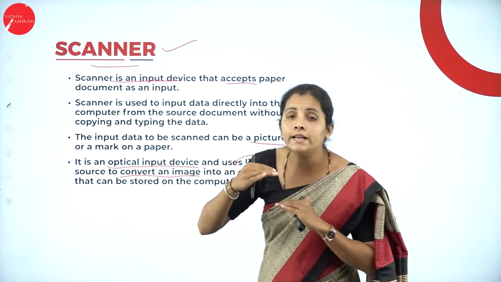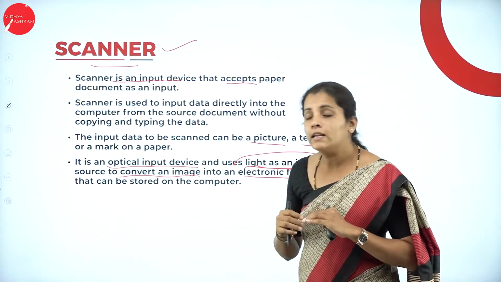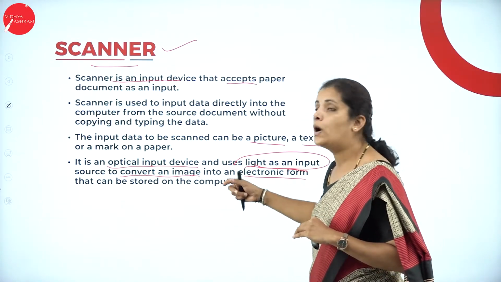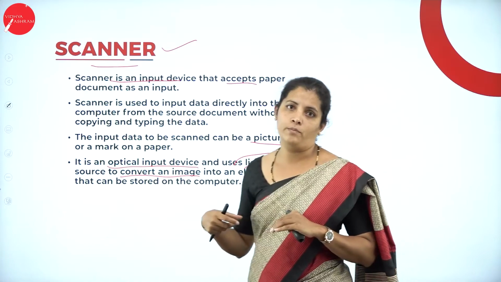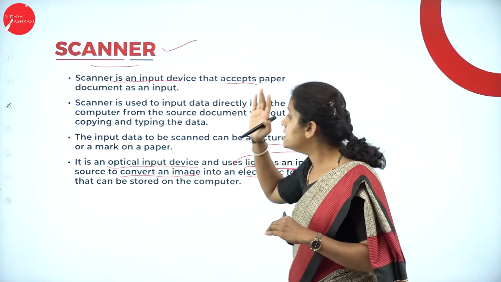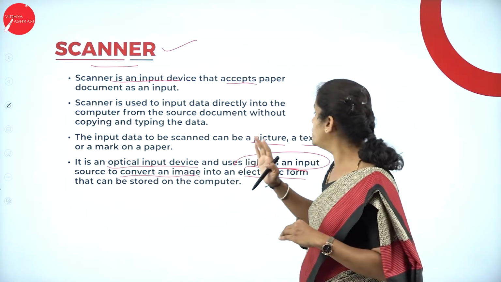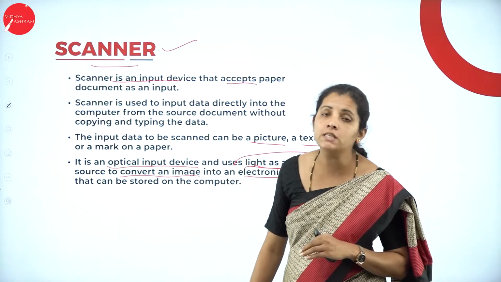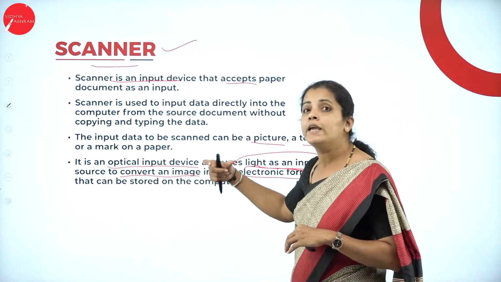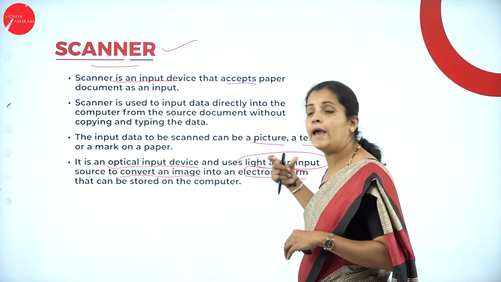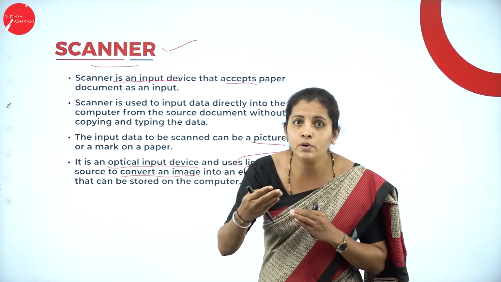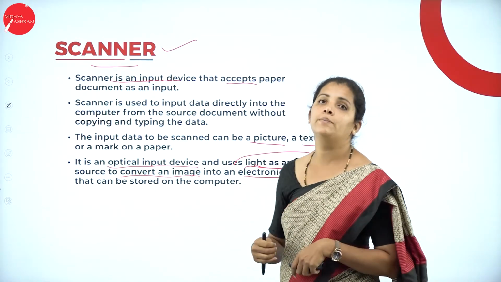Light is the input, which is then converted into an image, into an electronic form. Dear students, I repeat that a scanner is an optical input device and it uses light as its input source to convert the image into an electronic form that can be given to the computer as input.